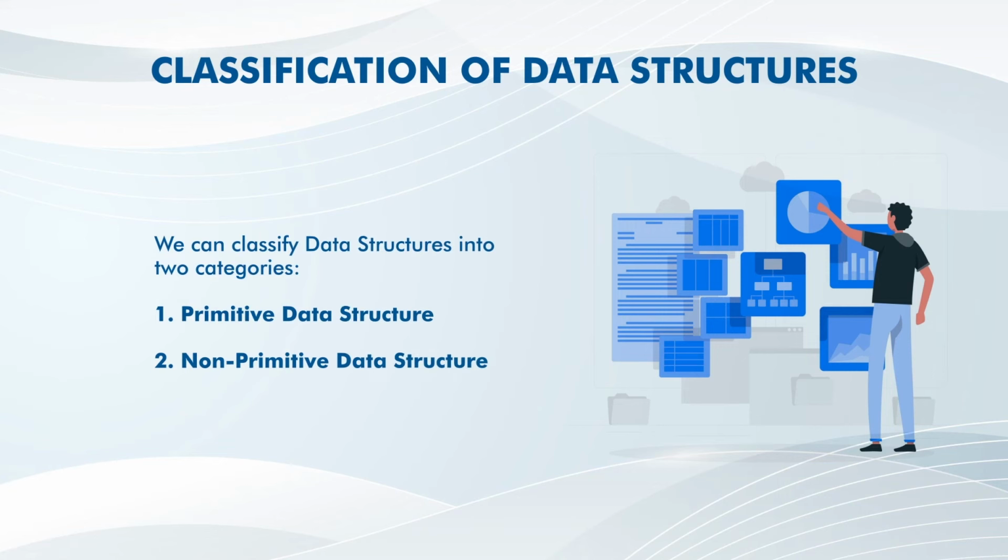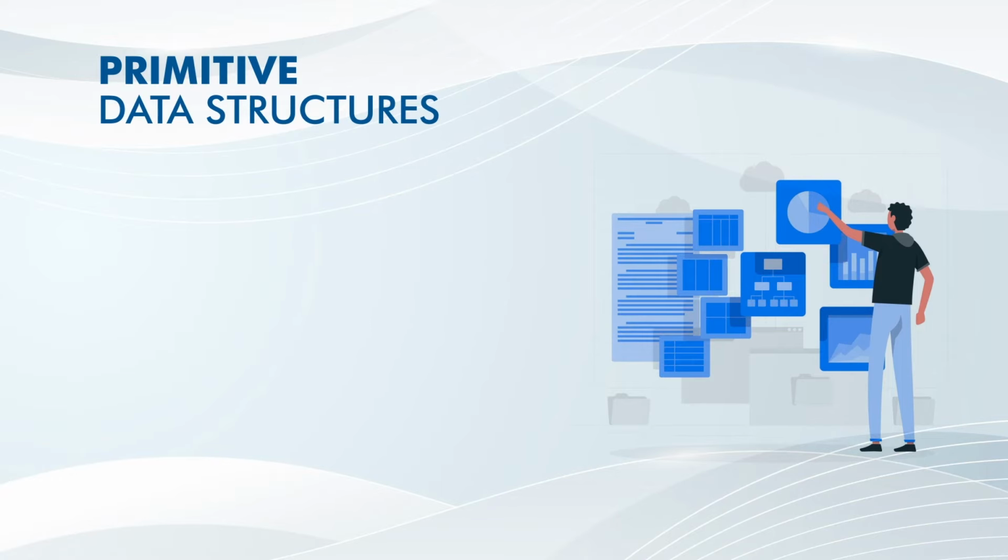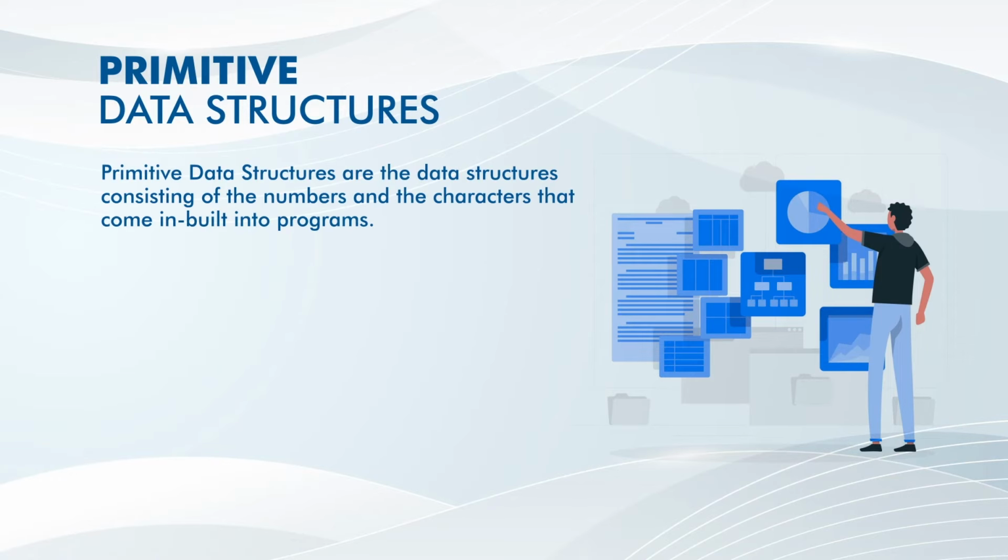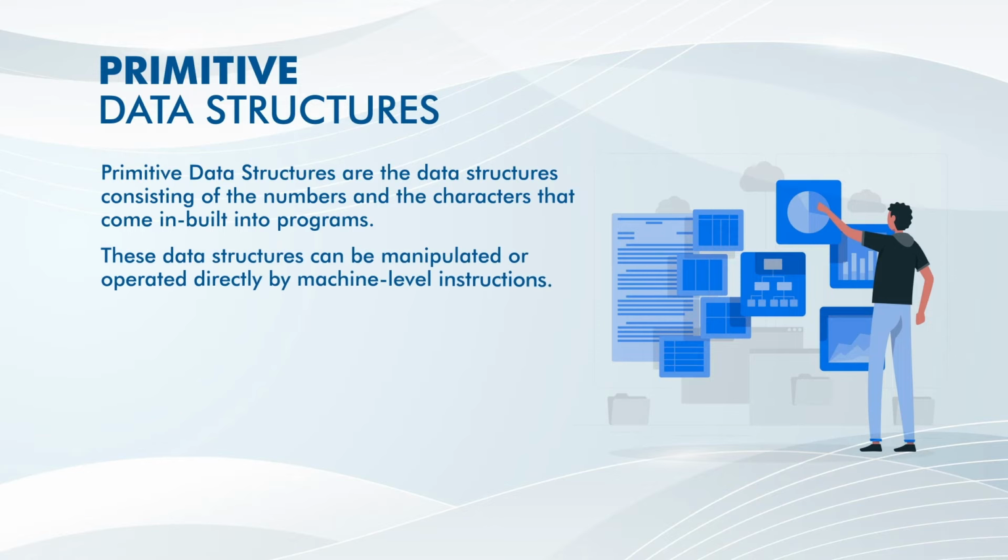We can classify data structures into two categories, as I said, primitive data structure and non-primitive data structure. Primitive data structures are the data structures consisting of the numbers and the characters that come built into programs. These data structures can be manipulated or operated directly by machine-level instructions.